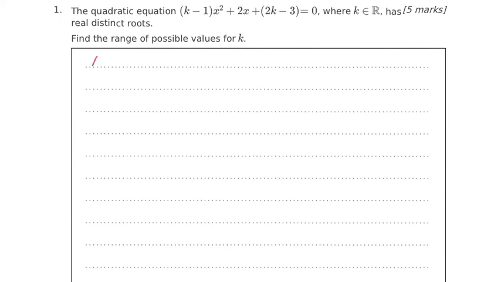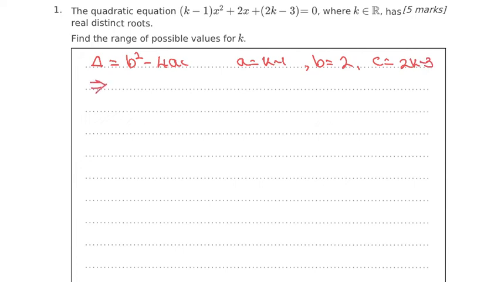So the discriminant equals b squared minus 4ac. We know that a is equal to k minus 1, b is equal to 2, and c is equal to 2k minus 3.